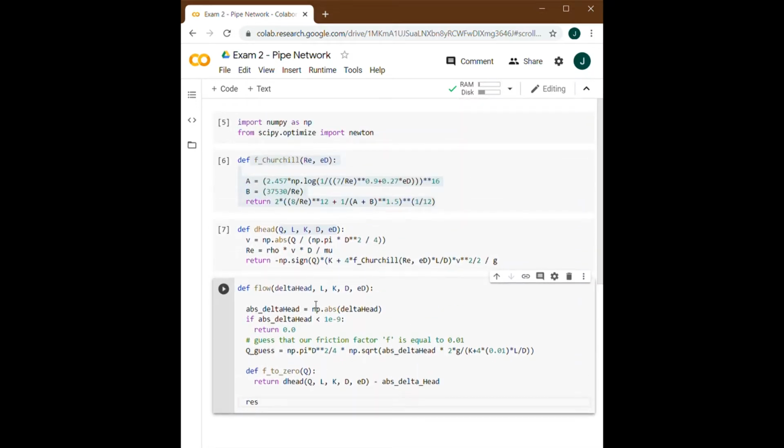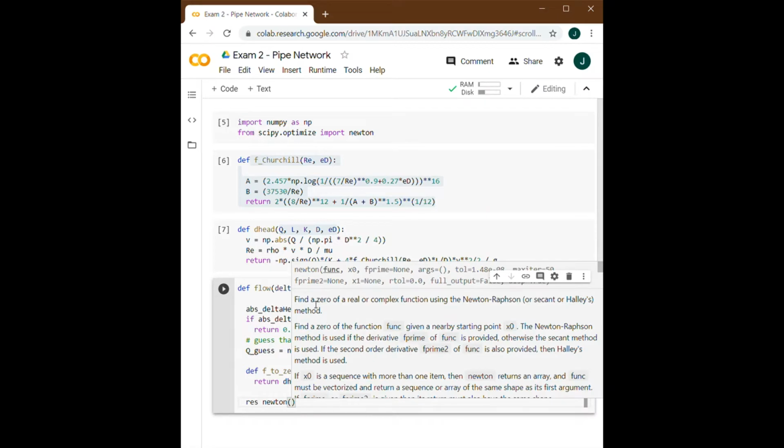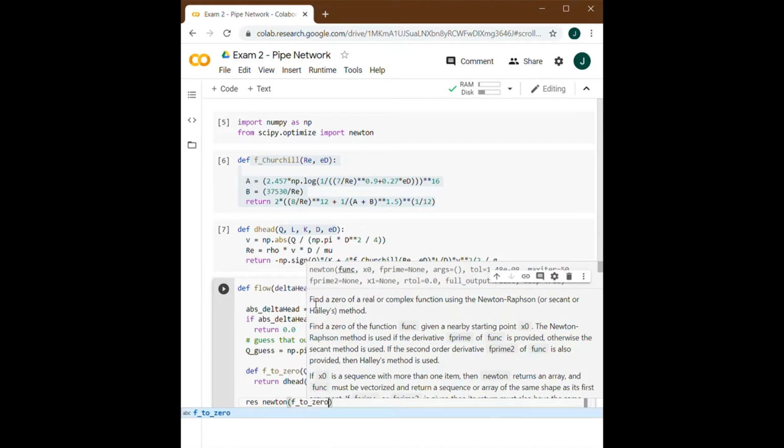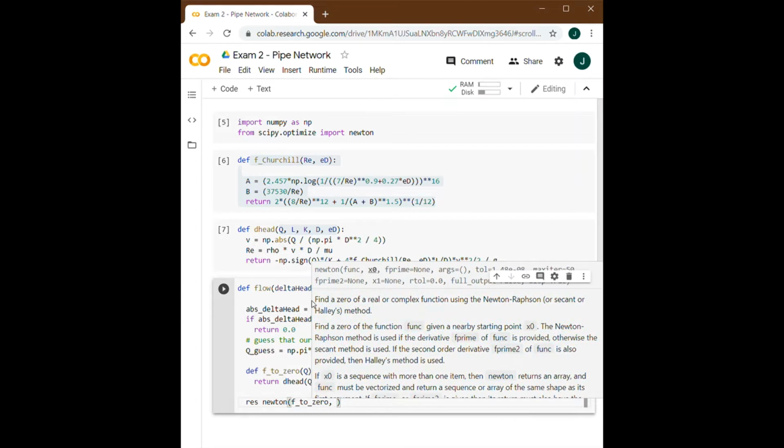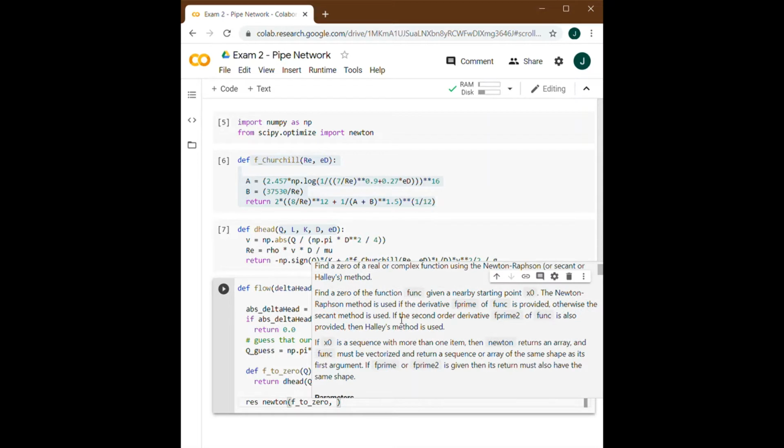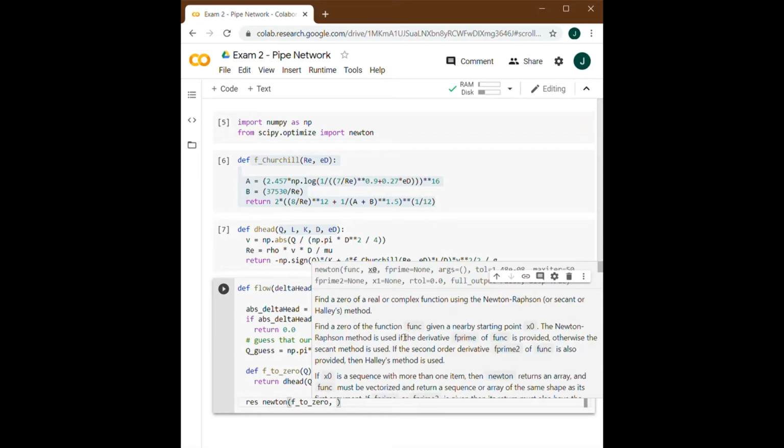So running that again, we're going to run all these, and then we're going to pull our Newton, and we're going to have our f to 0 function. If we look up here, this gives us a little blurb about what we need. What this allows us to do is to find the 0 of our function.